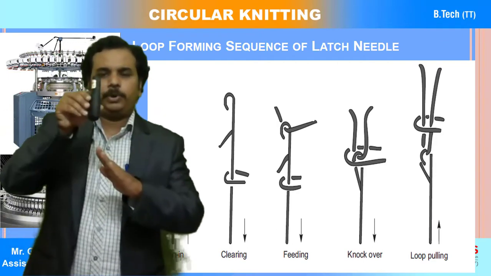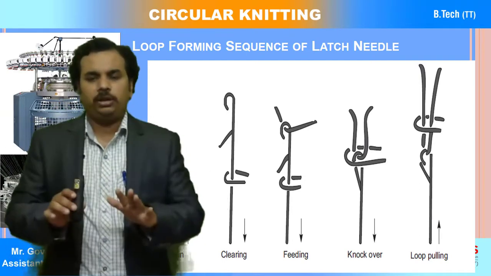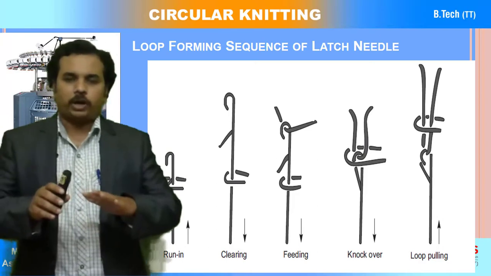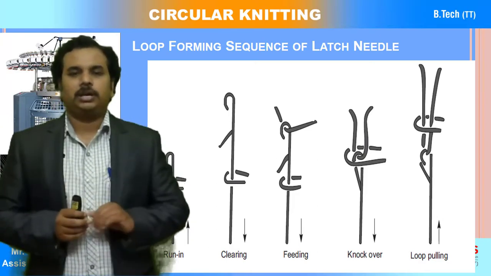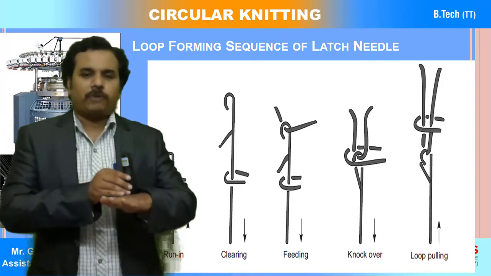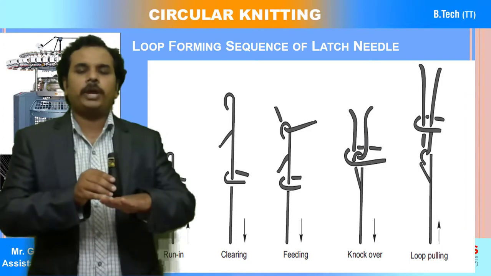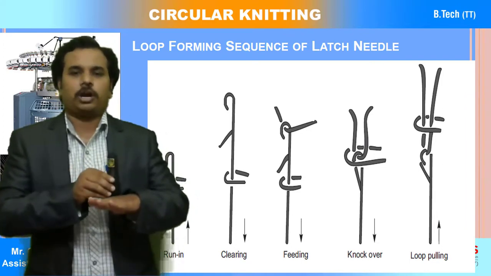Rising up, lowering down, like that the needle follows the cam. Now what exactly is running? Running is nothing but our needle following the same path. There is no movement up and down. It is not rising or lowering.